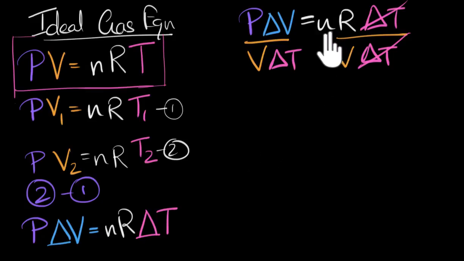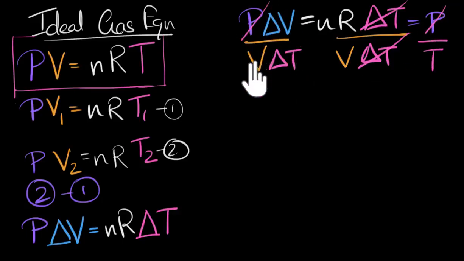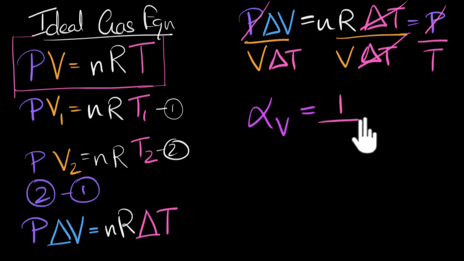And notice we now have nR divided by V. nR divided by V is just P by T. So this can be further written as P divided by T. And the P goes, and notice now the left-hand side is what we want: change in volume, per unit change in temperature. And we call that alpha V. And notice we have now calculated what alpha V is.